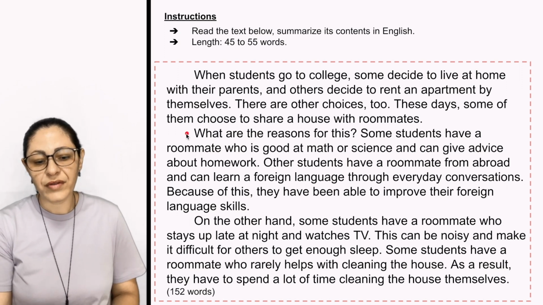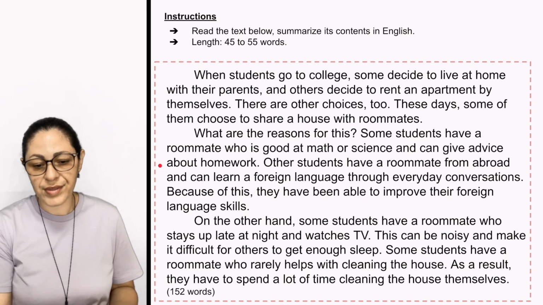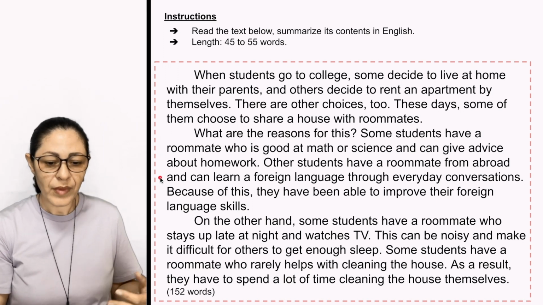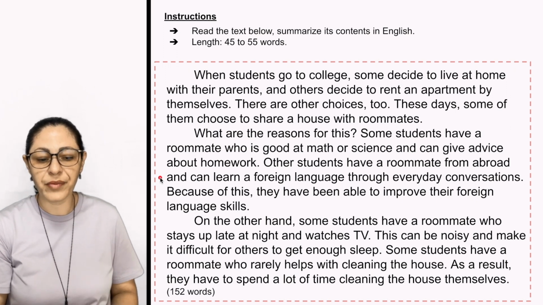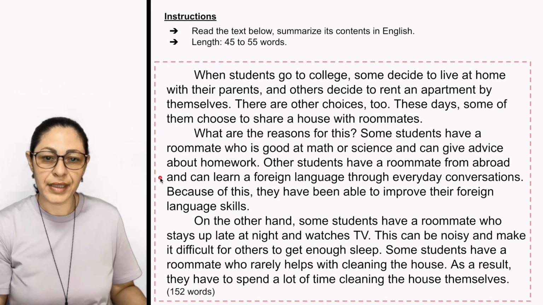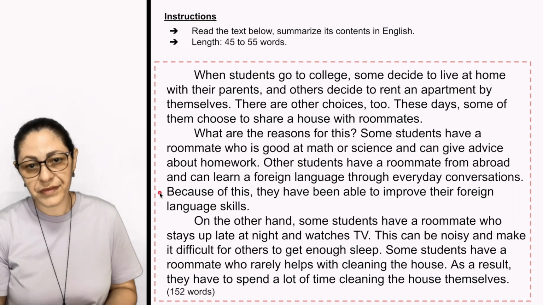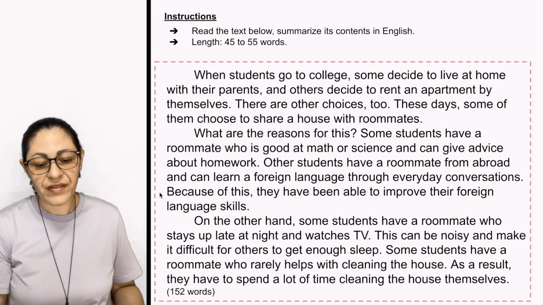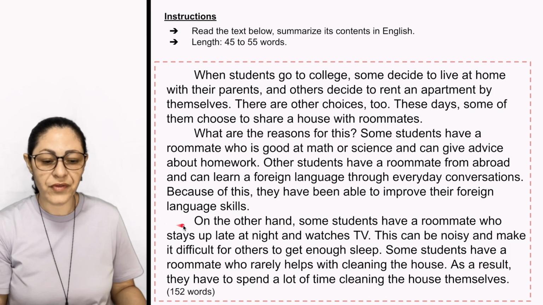Some students have a roommate who is good at math or science and can give advice about homework. Other students have a roommate from abroad and can learn a foreign language through everyday conversations. Because of this, they have been able to improve their foreign language skills.